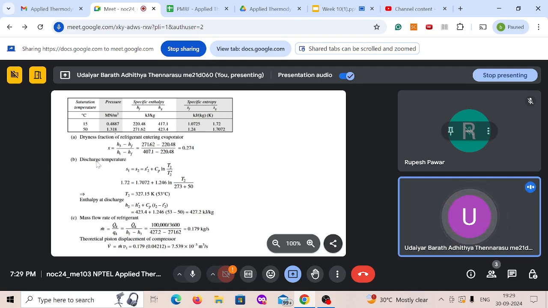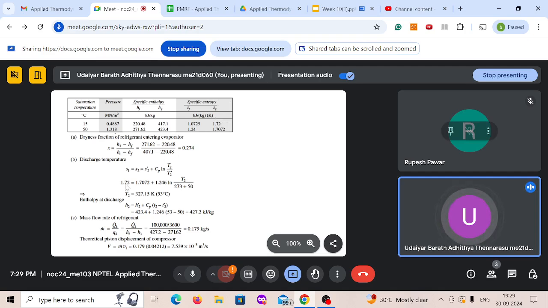So now the discharge temperature. S1 is 1.72, which is the exit entropy of the compressor, because it's an isentropic process.